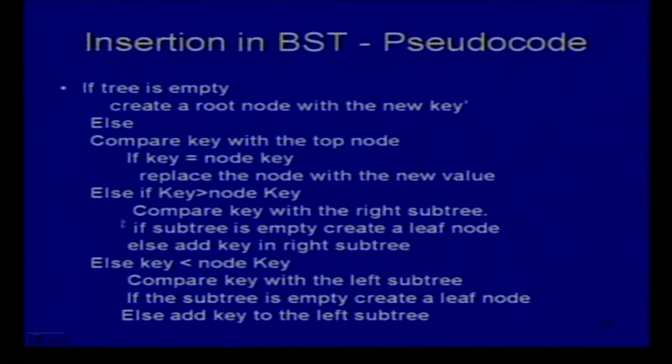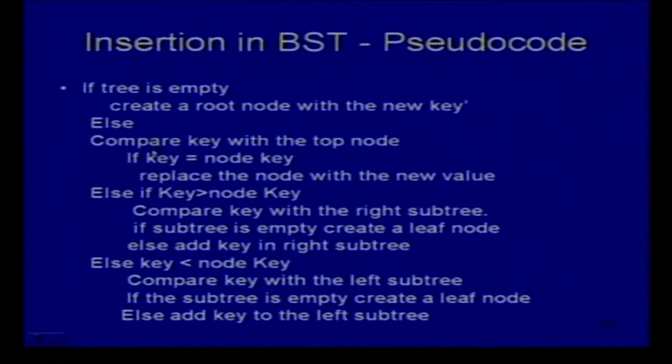Now, please look here, this algorithm is actually a recursive algorithm. So, what happens if you compare the key with the right subtree and the right subtree is not empty, you go back here and compare it with the root. If there exists a node, then you compare, otherwise you come here, go to the right and so on.